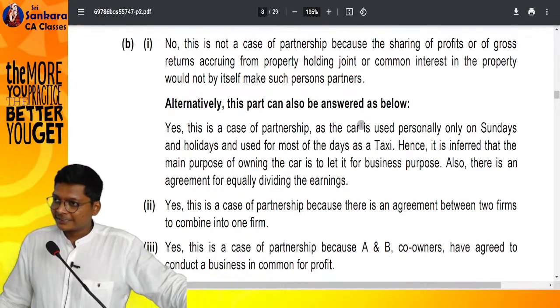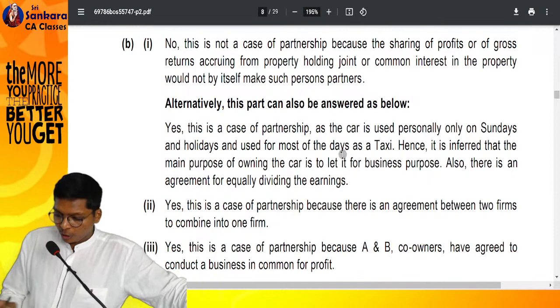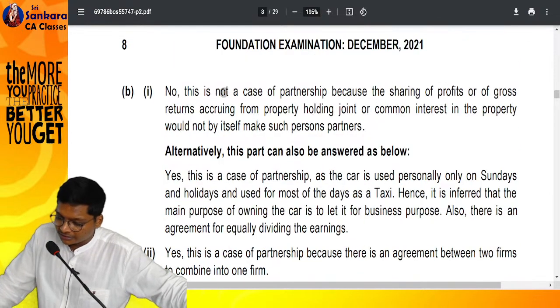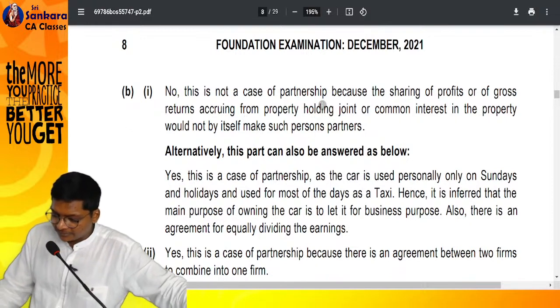They have given both answers, guys. For first time, look at the answer. Suggested answer. No, this is not a case of partnership because sharing of profits or gross returns in common interest would not make them such persons.